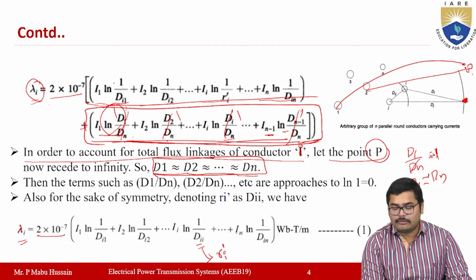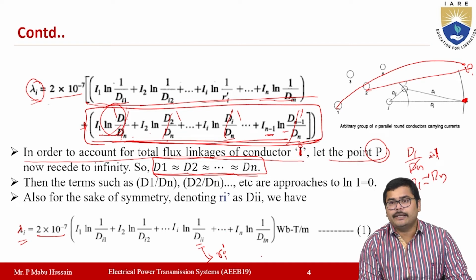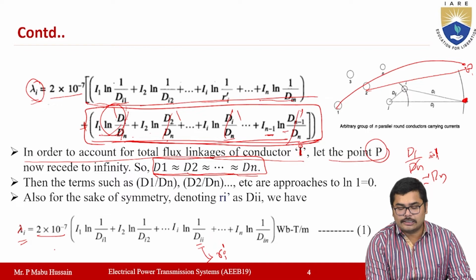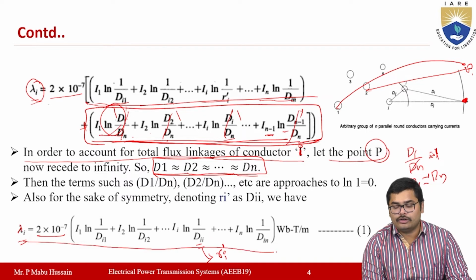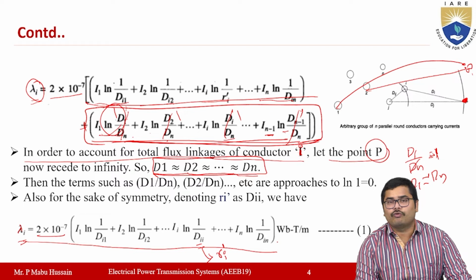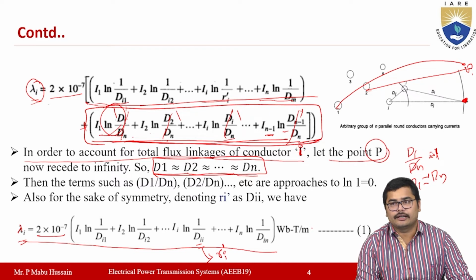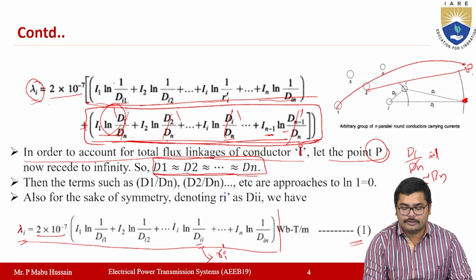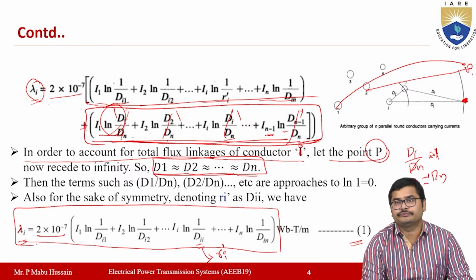Plus and so on, plus In into ln 1 by din. So this is the expression for the total flux linkages of the ith conductor due to current flowing in all other conductors. You have to remember this equation.